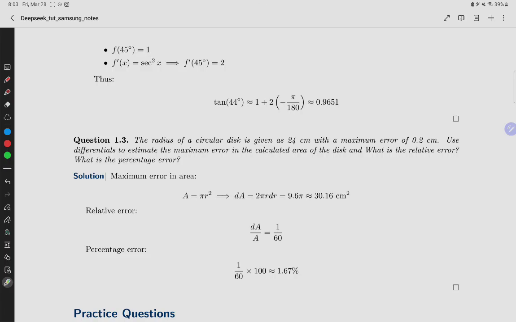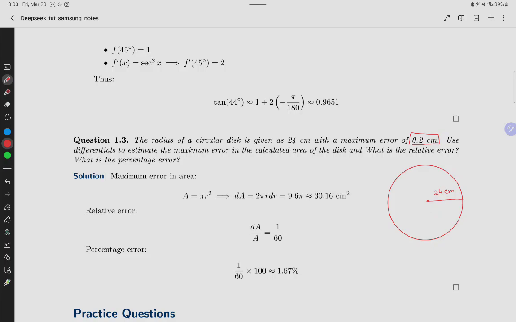Okay, next is a statement question: the radius of a circular disc is given as 24 centimeters. So we have a circular disc, radius is given as 24 centimeters with an error of 0.2 centimeter.